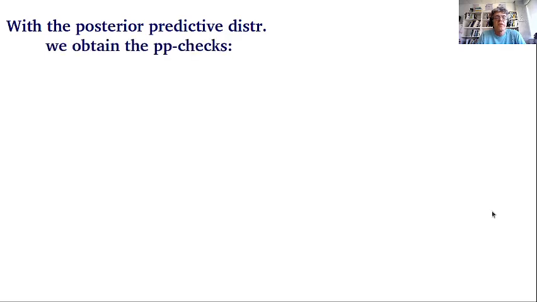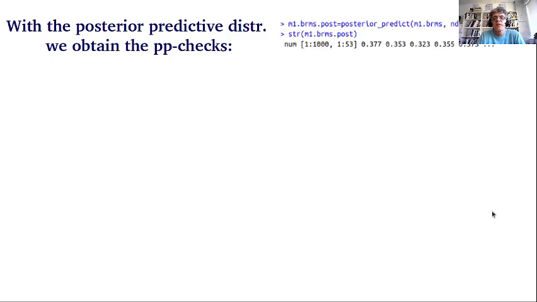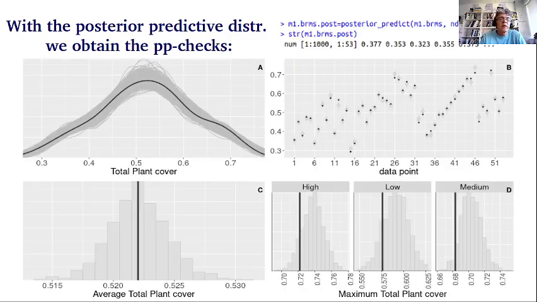With the posterior predictive distributions, we can also obtain the PP checks for the density curve of the response variable, here in black, and in gray are the 1000 density curves obtained from the posterior distribution. We can also see how well the model predicts the average plant cover, and like for the density curve, the model predicts the observed value as a typical value of the posterior predictive distributions.